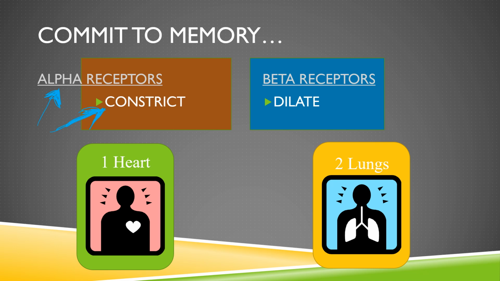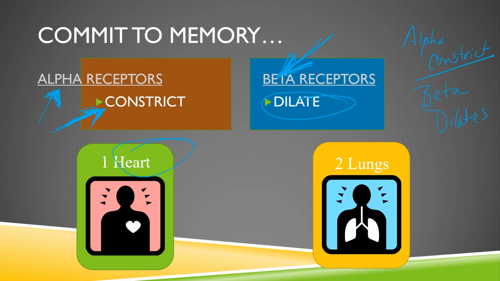And anytime you see the word beta, when it relates to the sympathetic nervous system, you need to think dilate. So alpha does what? Alpha constricts. And then what does beta do? Beta dilates.